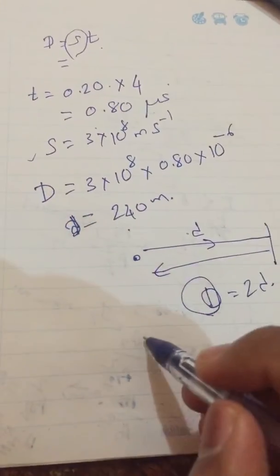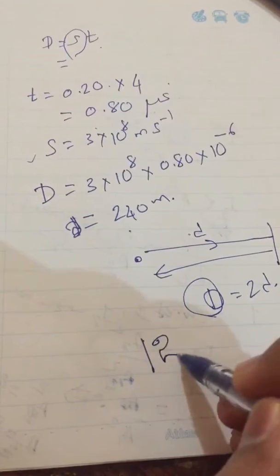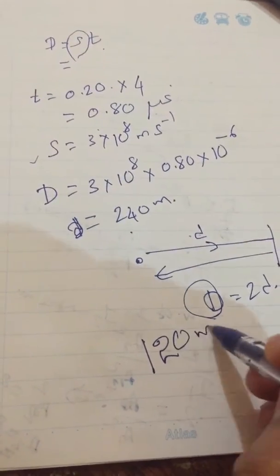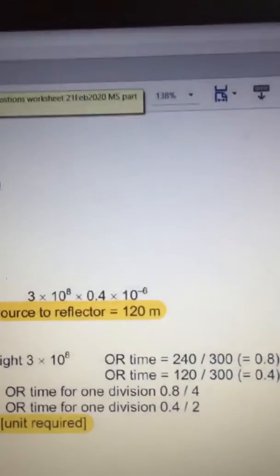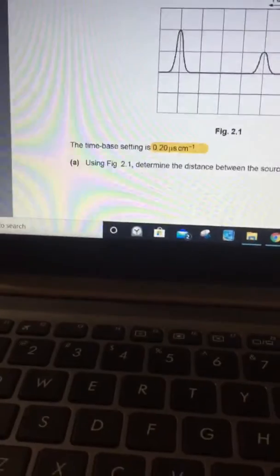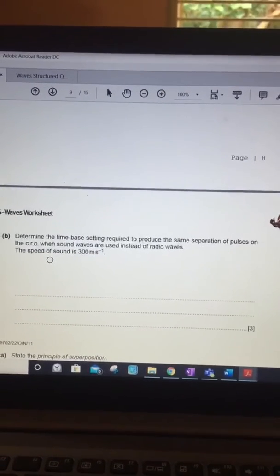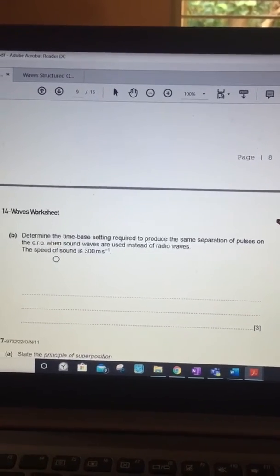So the distance from the source to the reflector will be 120 meters, right? 120 meters.